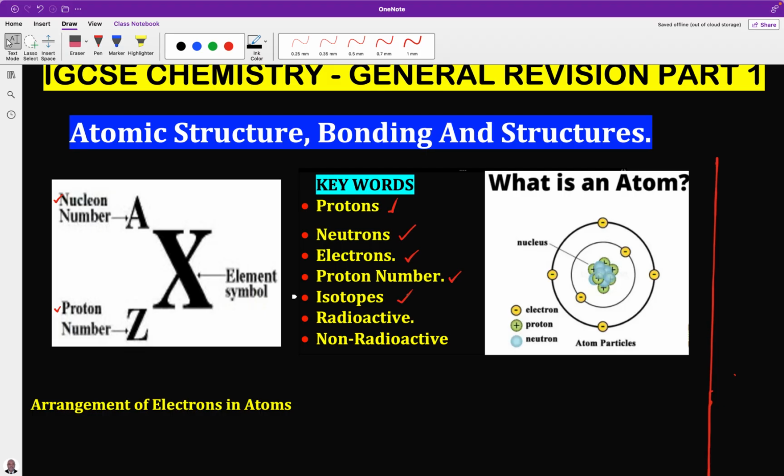Isotopes are atoms of the same element having the same proton number or atomic number, but different mass numbers or nucleon numbers due to the different number of neutrons in them.